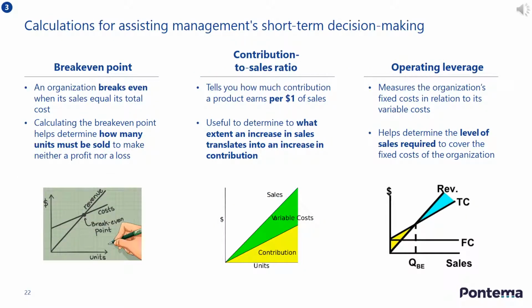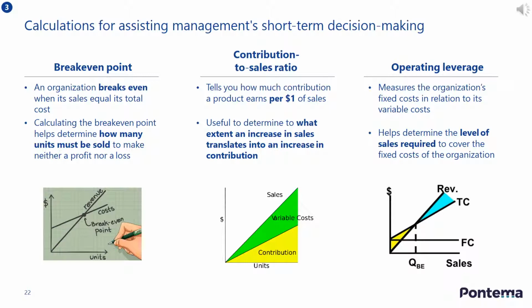In this last section of the lesson, you will look at the three types of costing calculation used in short-term decision-making. Firstly, the break-even point helps determine how many units must be sold to make neither a profit nor a loss. An organization breaks even when its sales equal its total cost. Secondly, the contribution to sales ratio tells you how much contribution a product earns per $1 of sales.